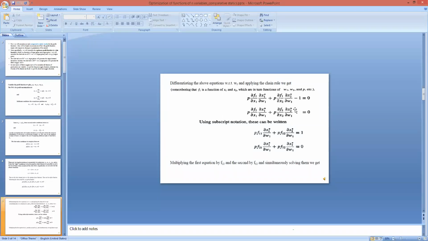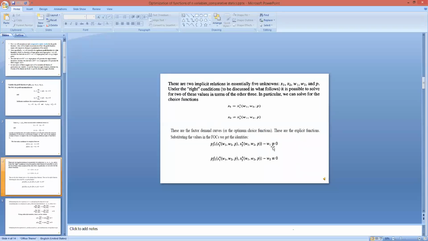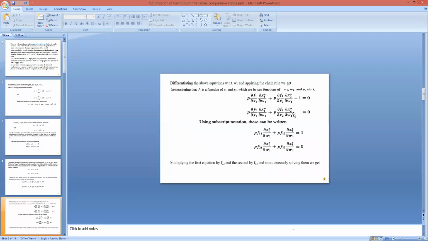So applying the chain rule, we also get the second term, P del f1 by del x2 into del x2 star by del w1. Then there was this w1. So when we are taking derivative with respect to w1, we are getting minus 1 out of this. So this is the expression.